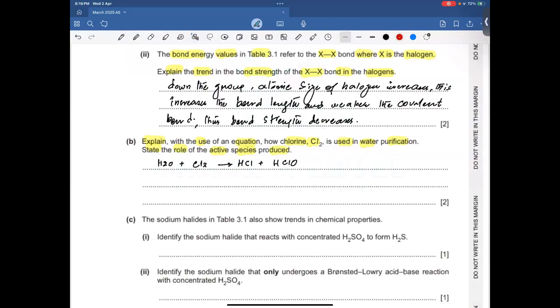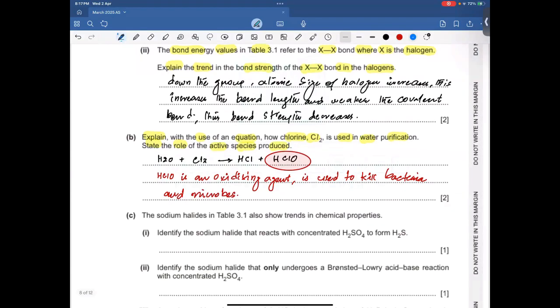This HClO is an oxidizing agent, if you remember. And this oxidizing agent is used to kill bacteria and microbes. Also, this reaction is called a disproportionation reaction.